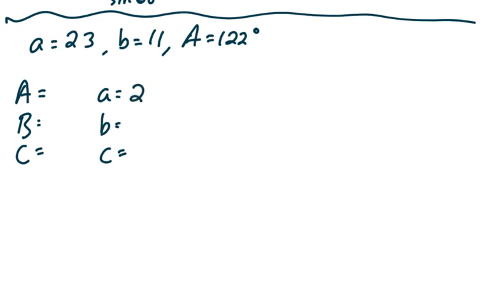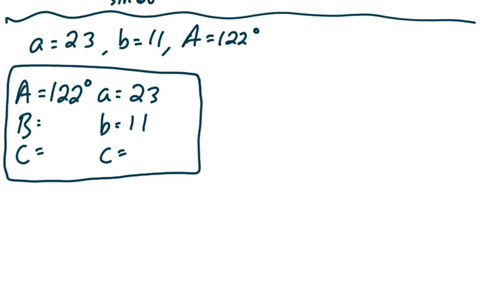A is 23, B is 11, and angle A is 122. Now, if this turns out to be a no triangle case, I didn't really have to make this box, but visually I like seeing what sides and what angles are opposite of each other. But if you want to skip this step of making a box until you're sure you have triangles, that's absolutely fine.